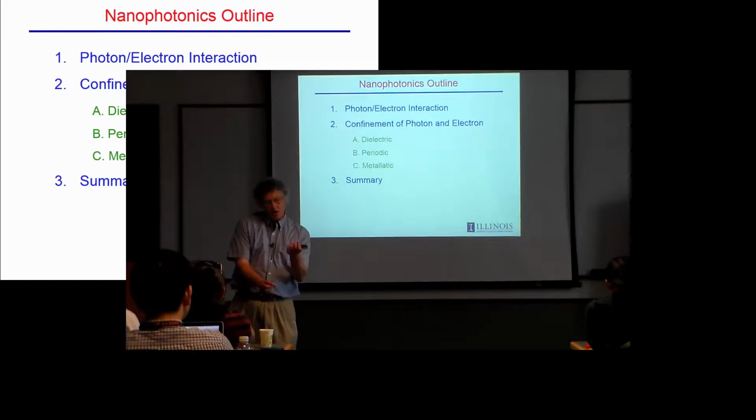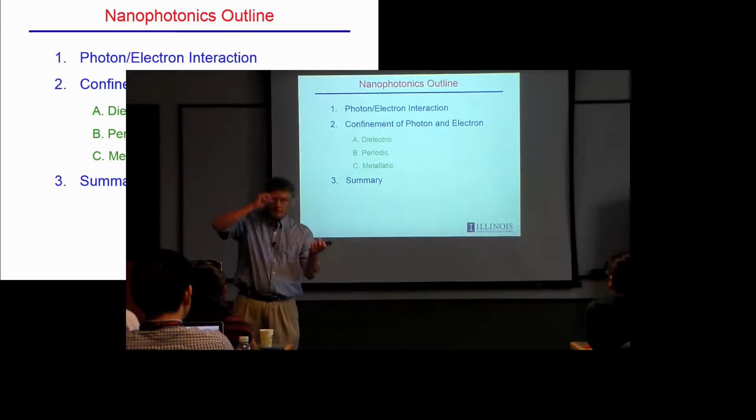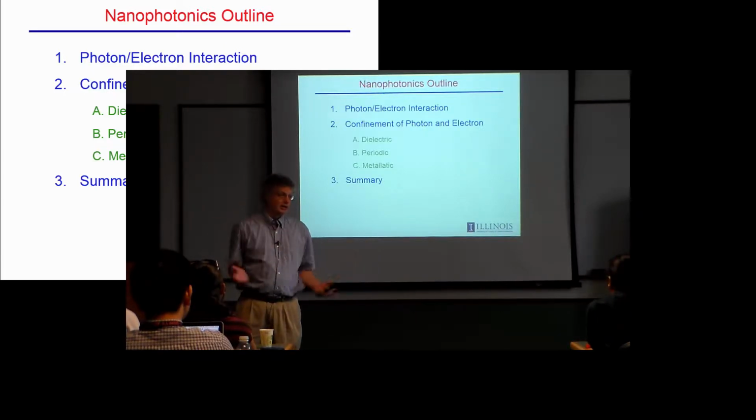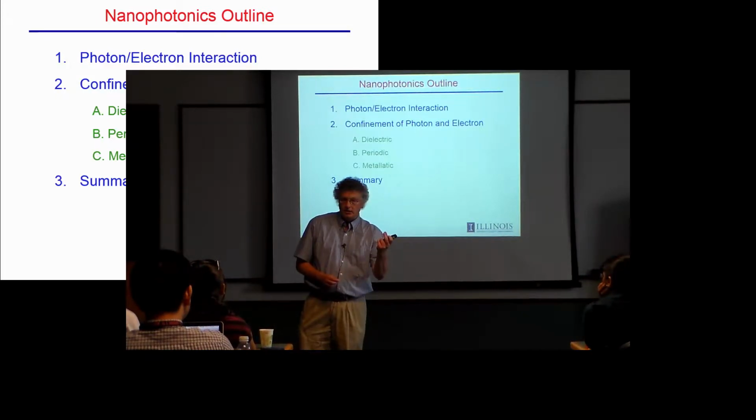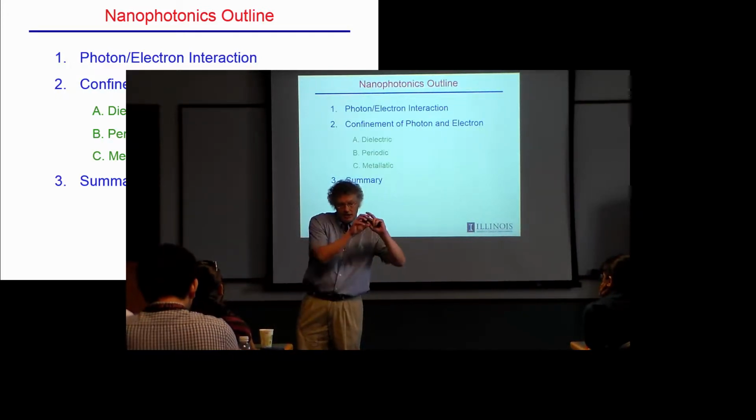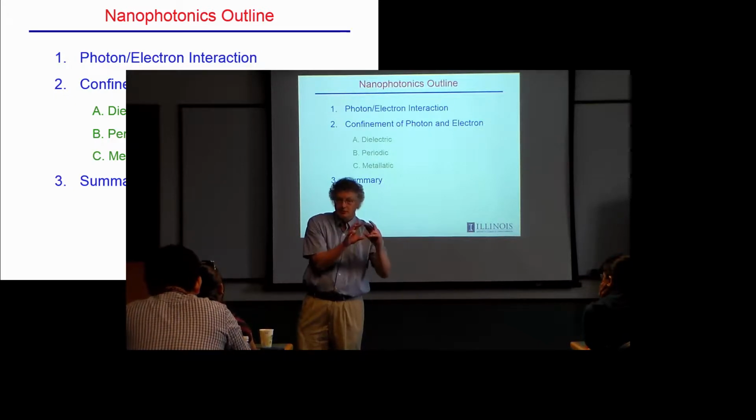We've got to pretty much hold the electron somewhere and put the photon somewhere and have them in the same place. So in the context of generating light, I basically want to have my electron confined, and I want to put some sort of optical confinement, basically a resonator, around it to capture that photon.